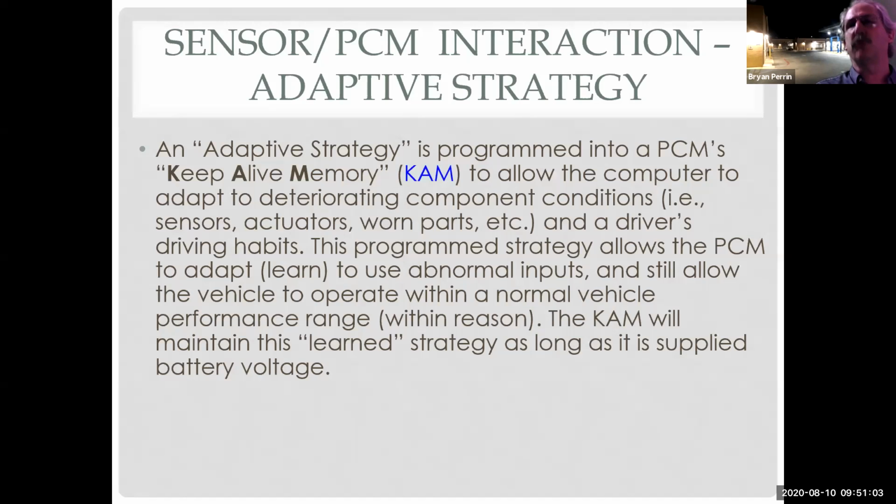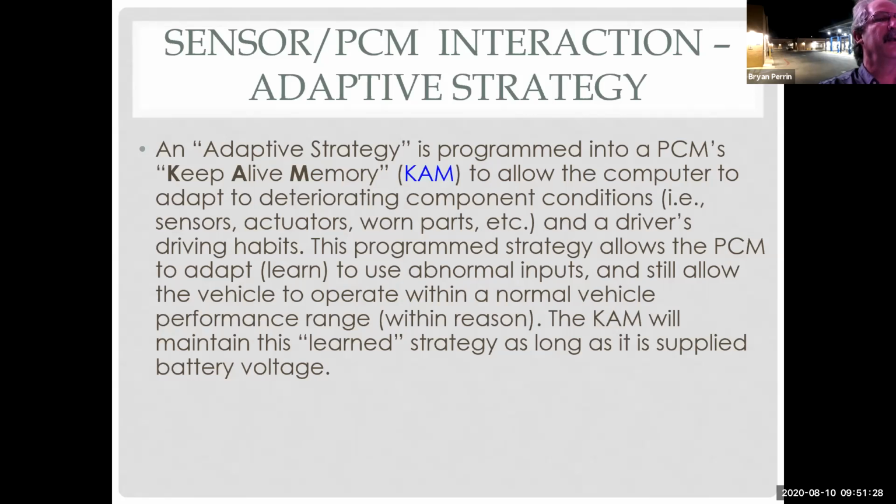You know what? Go drive it. Check for codes. If you don't have any codes, go drive the car. Let it relearn. Even though your car is 12 years old and has 160,000 miles, when you disconnect the battery, it's a brand new baby. It doesn't know anything. You have to give it a chance to relearn.